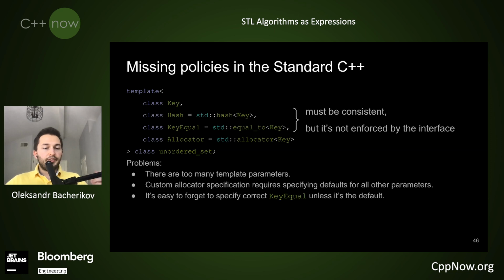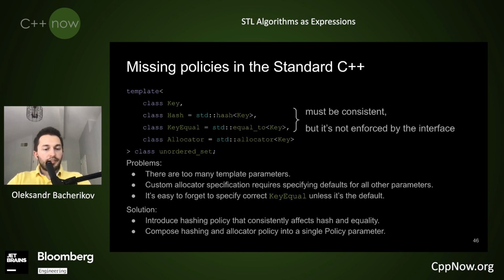Then for the users of this hash, it's very easy to forget to specify this alternative equality as key equal. And the code might compile just fine after that. For example, the hash compares strings ignoring the case, but we forget to pass the corresponding equality. The code will compile and run, but it won't work correctly.